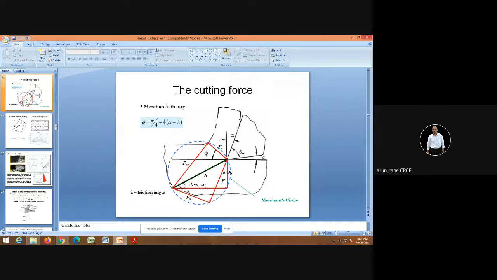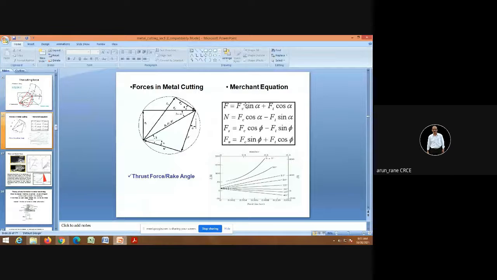These are the formulas for calculating the different forces. And alpha, phi, these are the various angles. Alpha is the rake angle, phi is the shear angle.